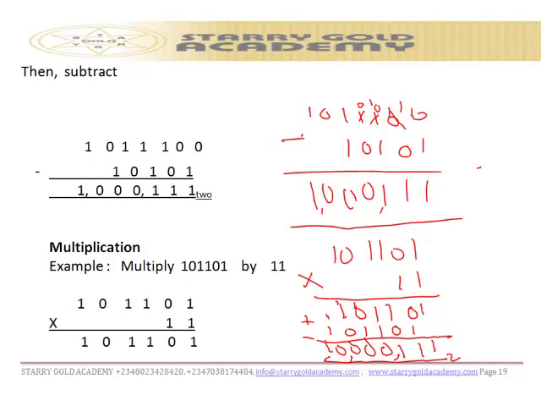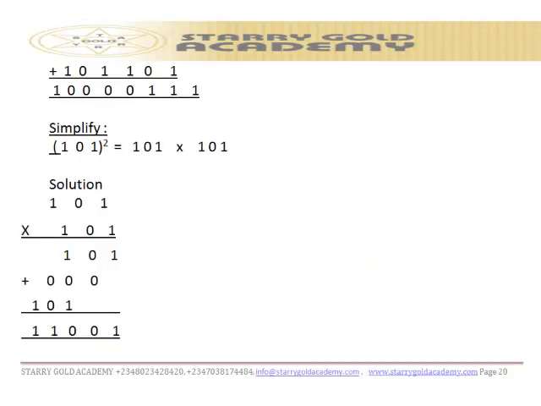That way it will save your stress. Convert 101101 to base 10, convert 11 to base 10, multiply your base 10 answers, then whatever you have, convert it back to base 2. Although the process is long, it's also credible, it's reliable, and it's for sure.